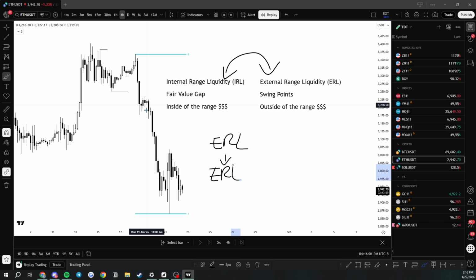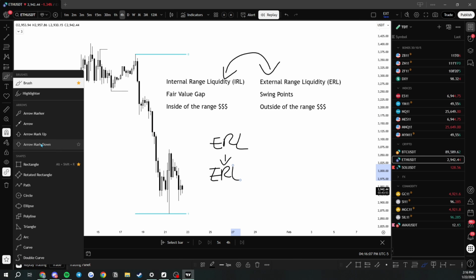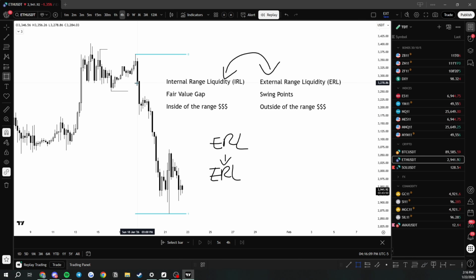So let's take a look at what that looks like here in this specific leg, right? We have a fair value gap here. And again, if anybody needs a refresher on what a fair value gap is or any of the technical jargon that we're speaking, let me know. So what happens here? Price moves into an IRL, and then what does it target?